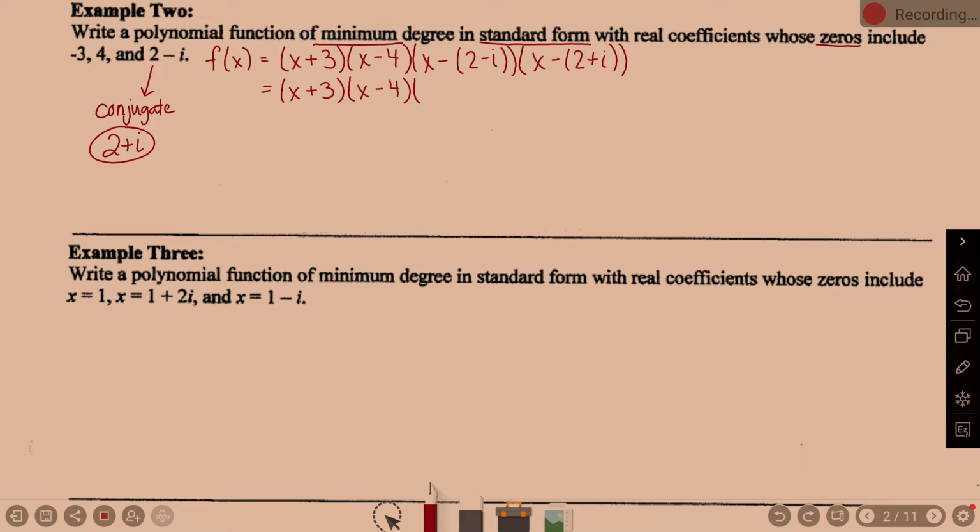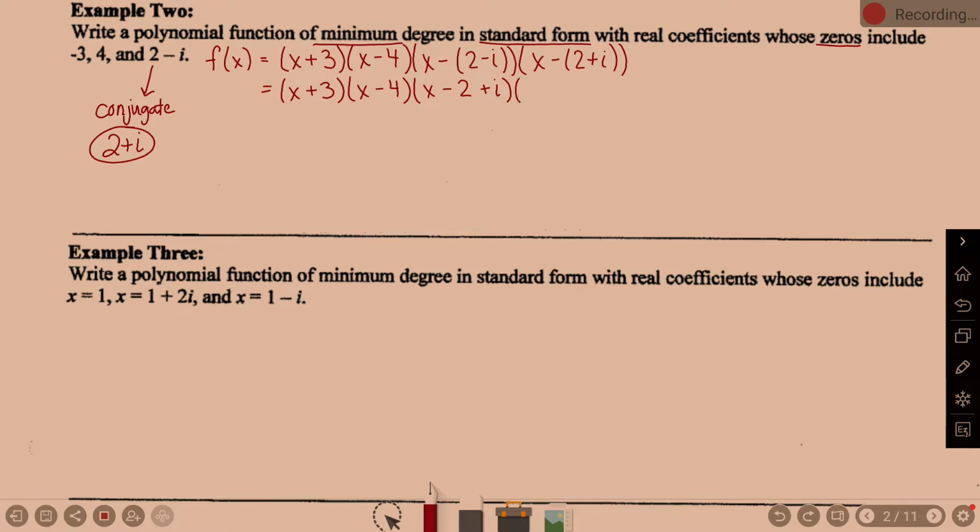It's going to be x what? Minus 2 and plus i. Because you're subtracting that 2 minus i, so you're distributing that subtraction sign.